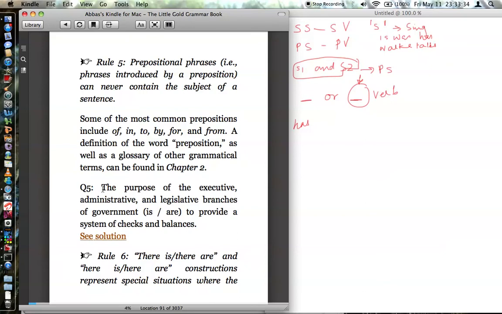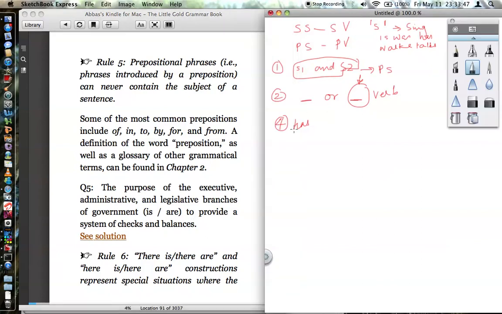So in question number 5, the purpose of the executive, administrative, and legislative branches of government, the purpose being a singular subject, you say is to provide a system of checks and balances. 5 is.